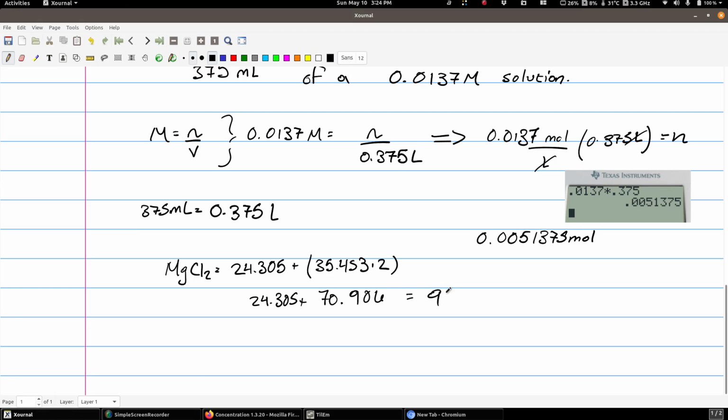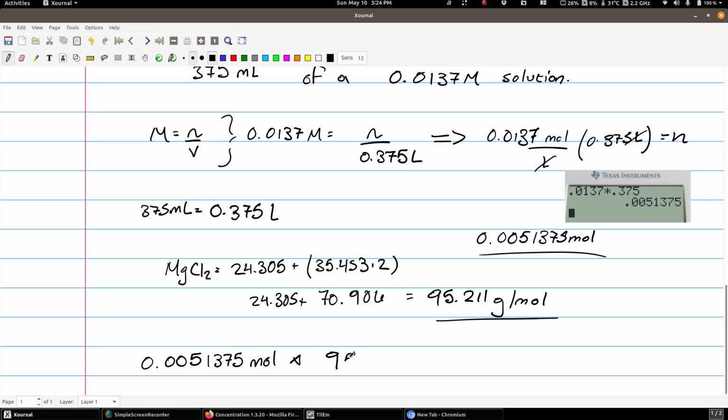So 95.211 grams per mole. So we have to figure out how many grams that we needed. So we're going to take this number and multiply it together. So 0.0051375 mole, or you could round it, doesn't matter. It's going to be super close anyways.